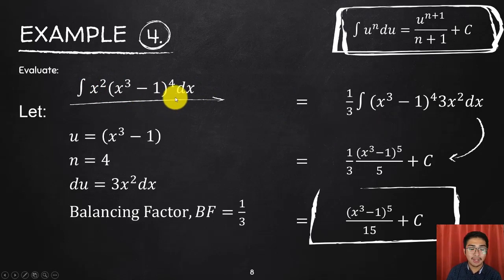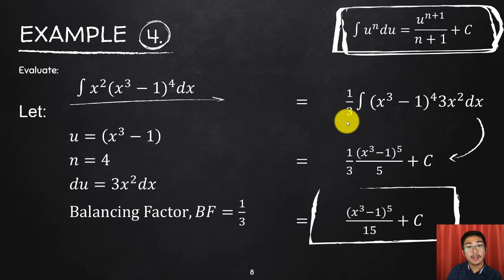But you're not asked to integrate 3x squared quantity x cubed minus 1 raised to 4 dx. You're only asked to integrate x squared quantity x cubed minus 1 raised to 4 dx. But you needed to add 3 here. So to cancel out or to balance this 3, we must also divide the equation by 3. So what happened? We multiplied the equation by 3, and then we also divided it by 3.